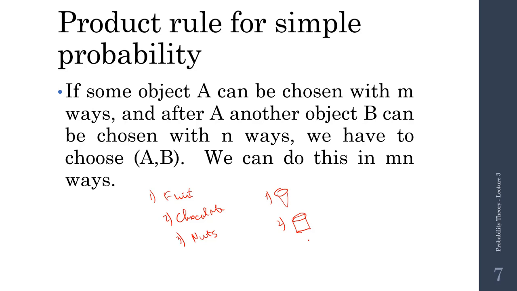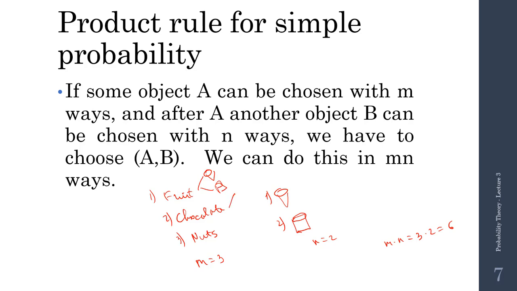Here we have to use the product rule for simple probability. First of all you will choose, like, fruits. How many types of ice cream do we have? m equals 3. How many types of ice cream cones? n equals 2. So the ways we can choose this is m times n, which is 3 times 2, becomes 6. How to know? If you want to choose the ice cream with fruit, you have to choose either this cone or this cone.